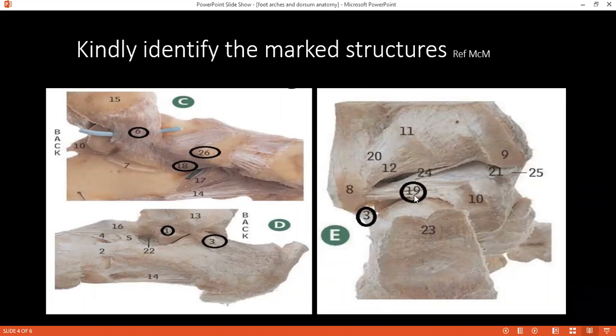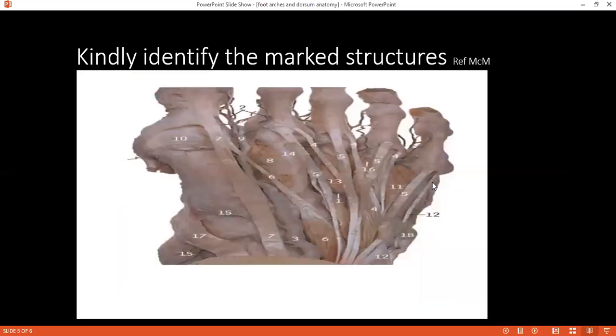In picture E, 19 is the transverse talo... Posterior is 20, isn't it? Posterior tibiofibular is 20. Yes. 19 is the posterior talofibular. Okay, and 3.